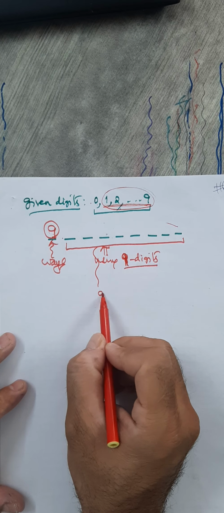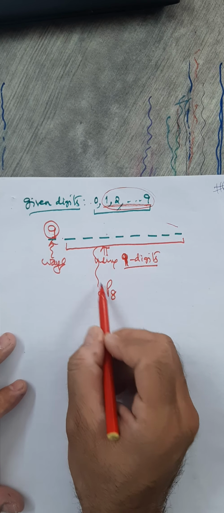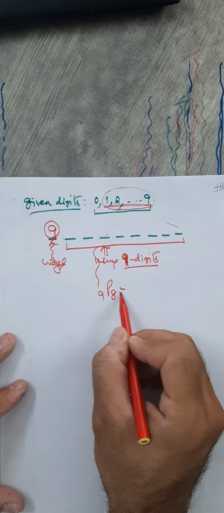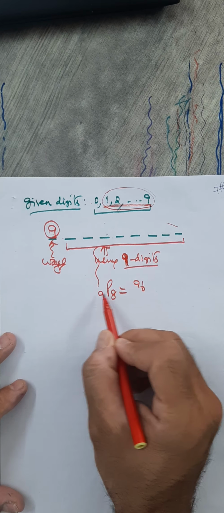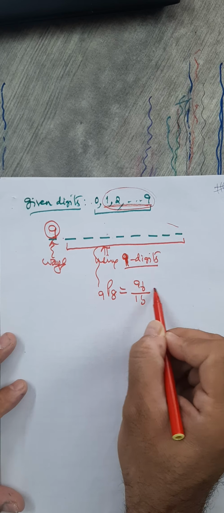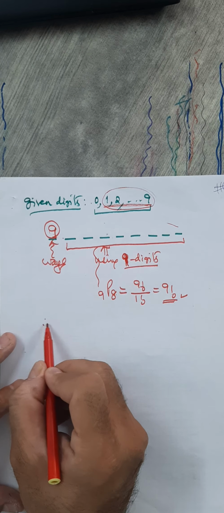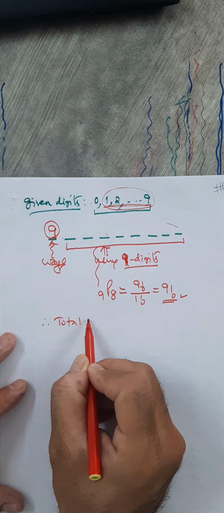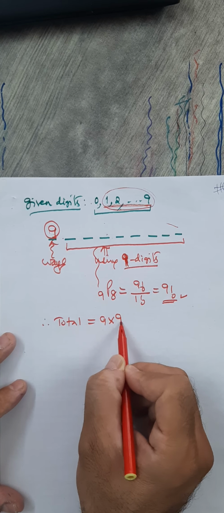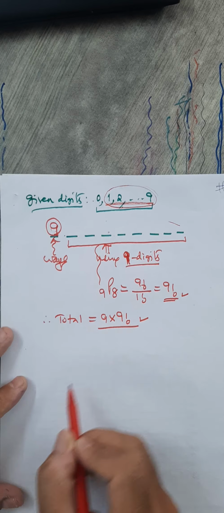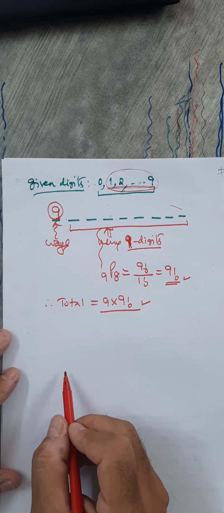So this can be done in 9P8 ways, arrangement, permutation, which is 9 factorial upon 9 minus 8, which is 1 factorial. So you have 9 factorial here and this is 9 ways. Therefore, total, by the counting principle, it would be 9 into 9 factorial. That's your answer. Fine? Clear?